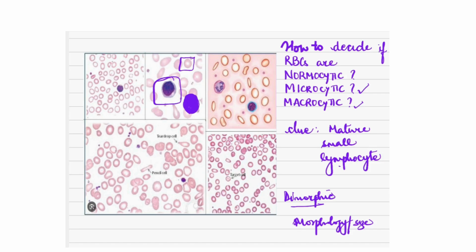Dimorphic anemia can be present with iron deficiency anemia, which will cause the microcytic picture, and vitamin B12 and folic acid deficiency, which will cause the macrocytic picture. So this is how you decide. Just look around for a nice picture of a mature lymphocyte in that field, and then start comparing the surrounding RBCs to confirm them as normocytic, microcytic and macrocytic.